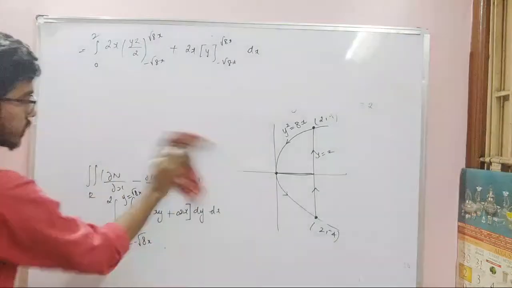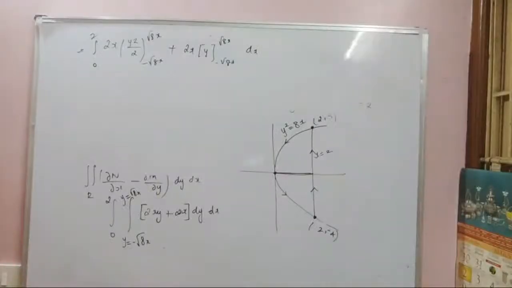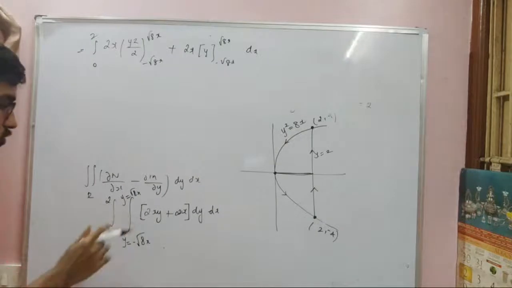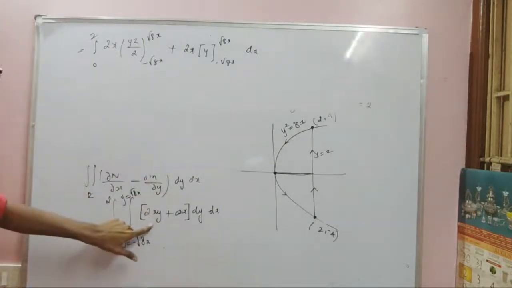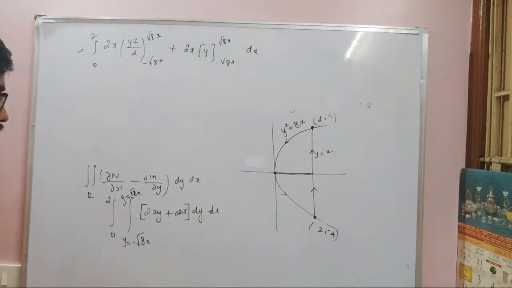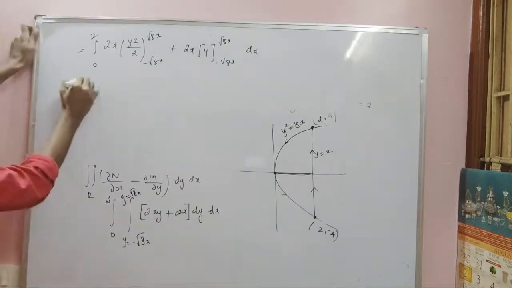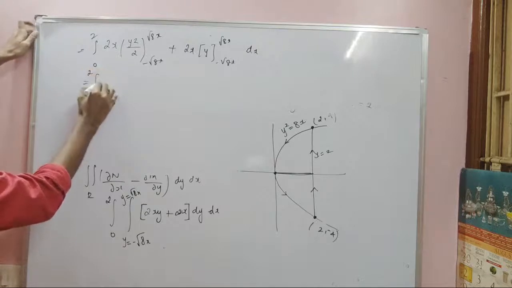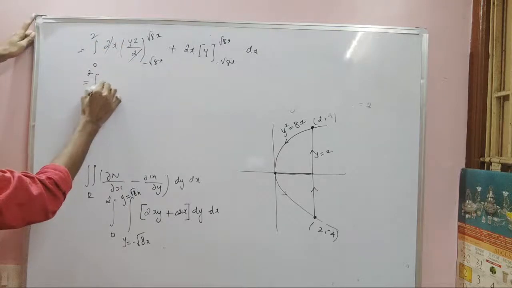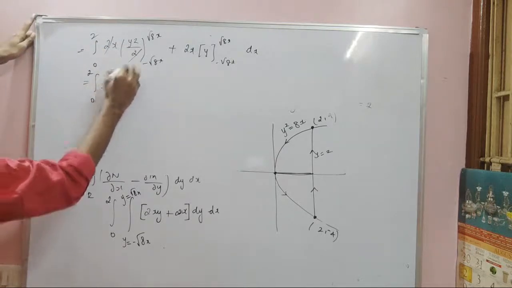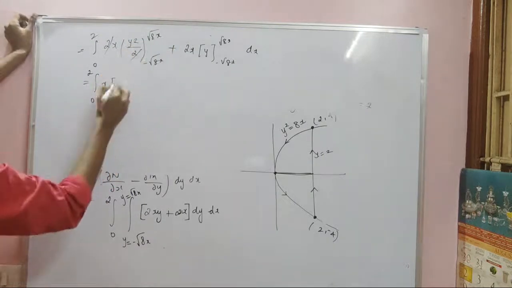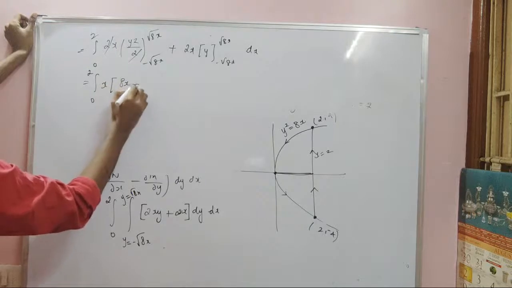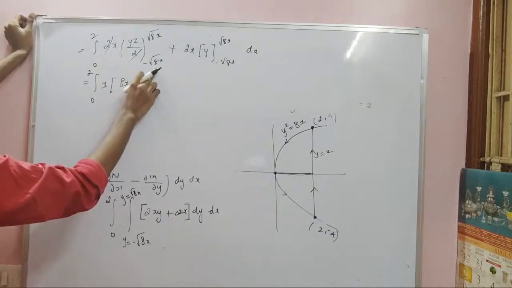So I am just integrating: integral from minus root 8x to root 8x of 2xy plus 2xy dx. When I integrate with respect to y, we have 2x y square by 2 plus 2xy, and this will be integral 0 to 2. This 2 will get cancelled. So the upper limit will be root 8x; root 8x square will be 8x, minus the lower limit, minus root 8x.